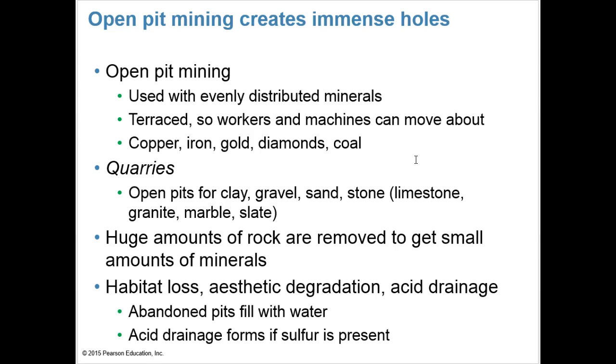Huge amounts of rocks are removed to get small amounts of minerals. This has an impact on our environment, which includes habitat loss. It has aesthetic degradation, meaning it doesn't leave the landscape looking very good after this process is done, and can include acid drainage, leaving abandoned pits full of water that is unhealthy.